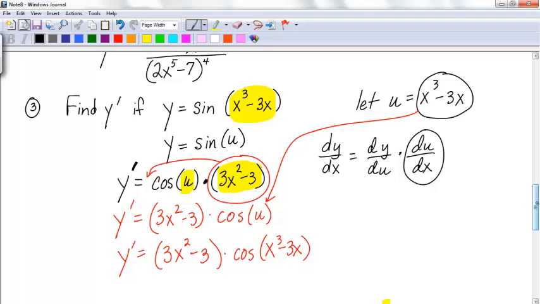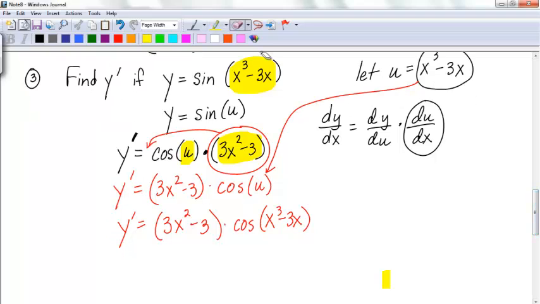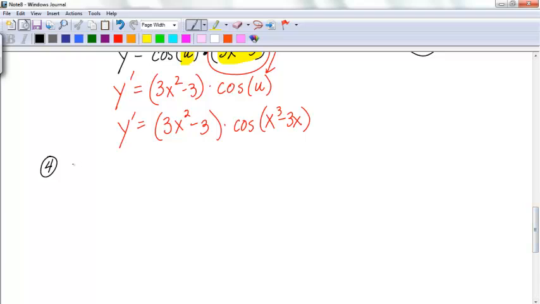Okay, another example. Is that enough time? Say I ask you to find the derivative of y with respect to x if y equals, and this is a numerator and a denominator and a quantity.